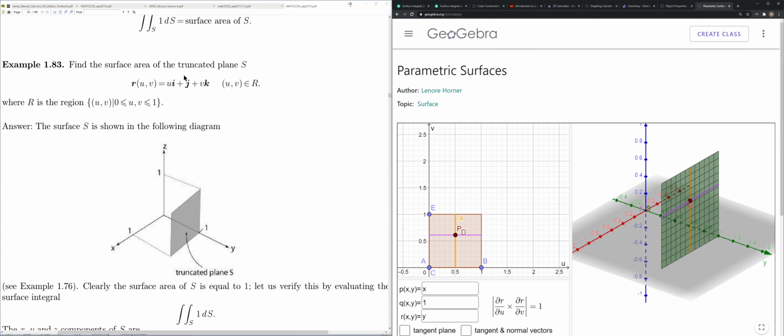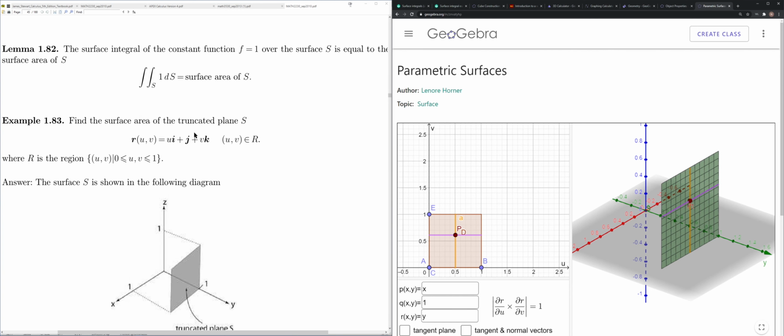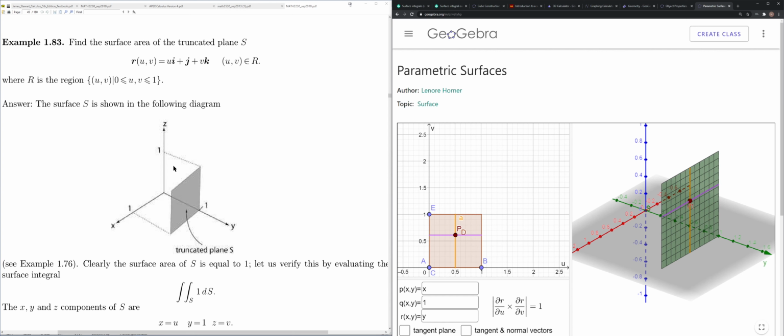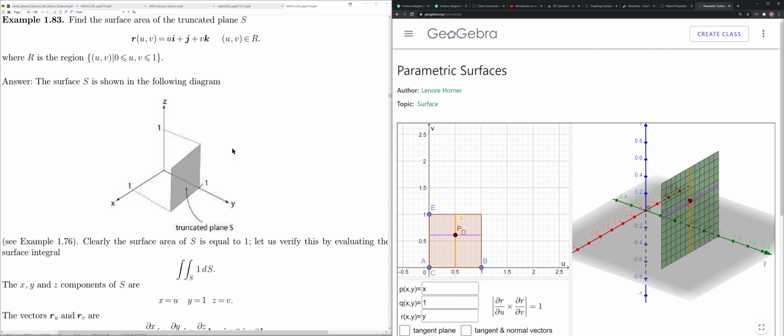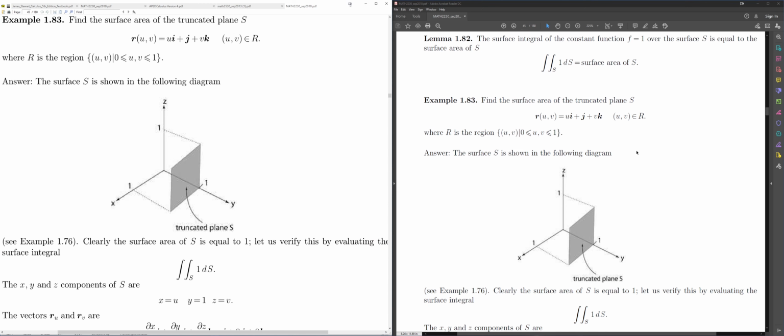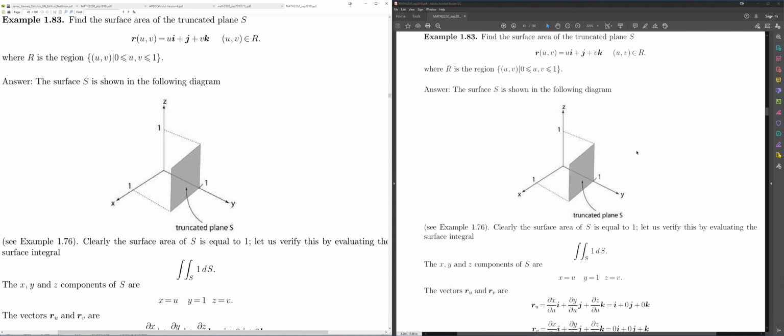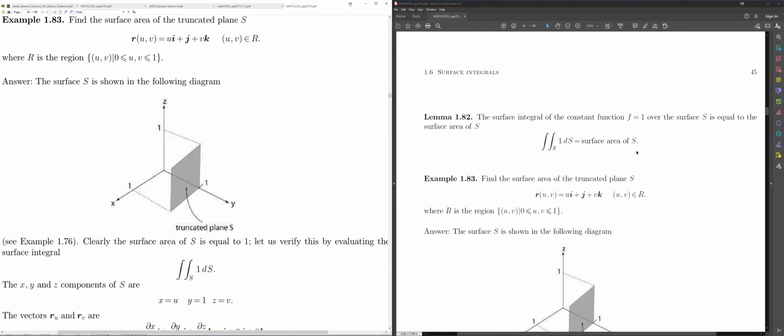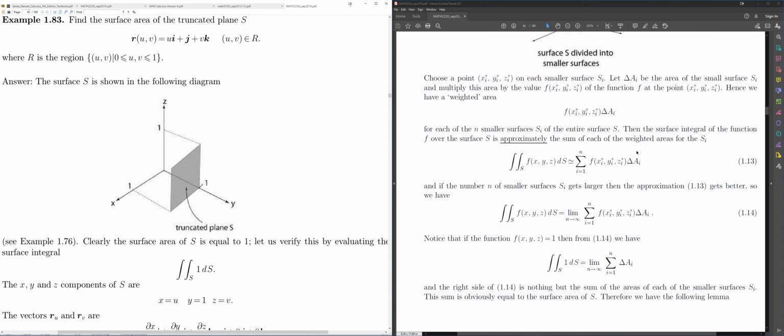Okay, so I want to get the surface area of this truncated plane, right? And as I said, you can get surface area by evaluating a surface integral where the function inside your surface integral is equal to 1, right? So what we're doing is calculating a surface integral.